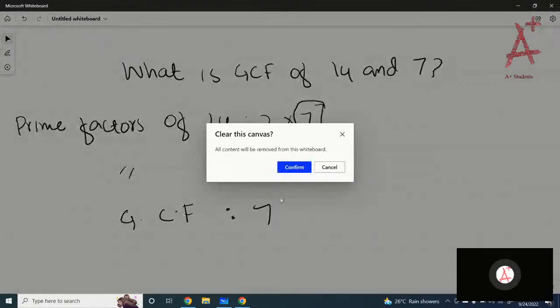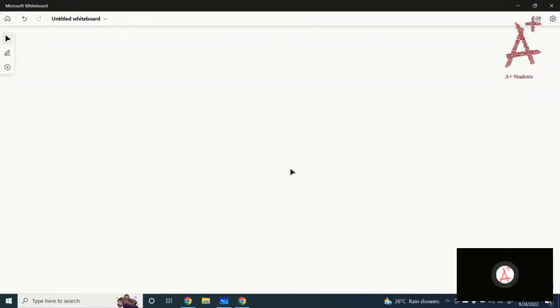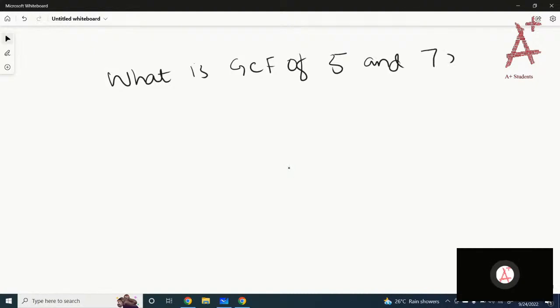The next one is, what is the greatest common factor of 7 and 5? Do you know the answer? You are given 4 options: 7, 5, 1, and 3. Which is the correct option? 1 is the correct option.